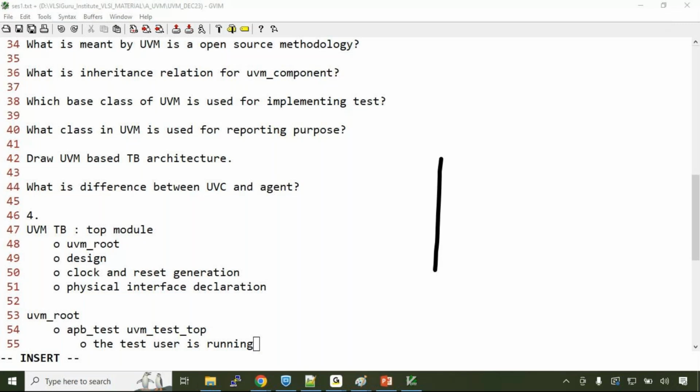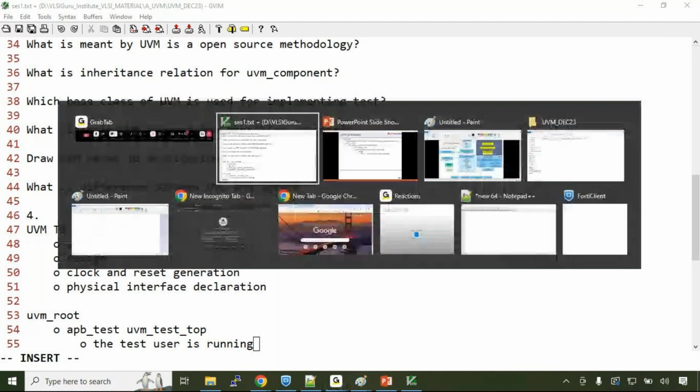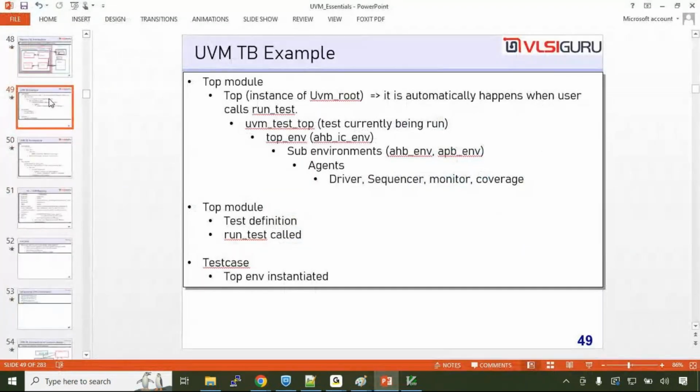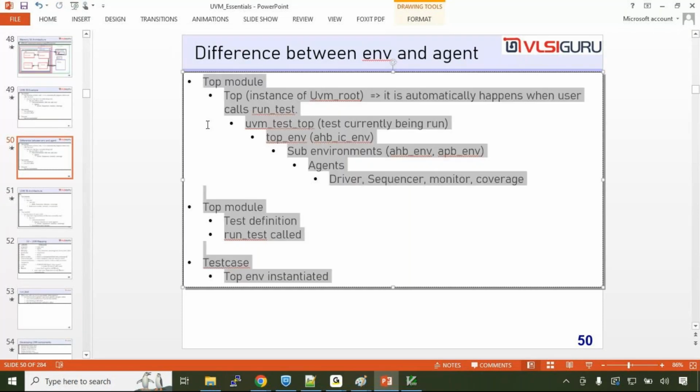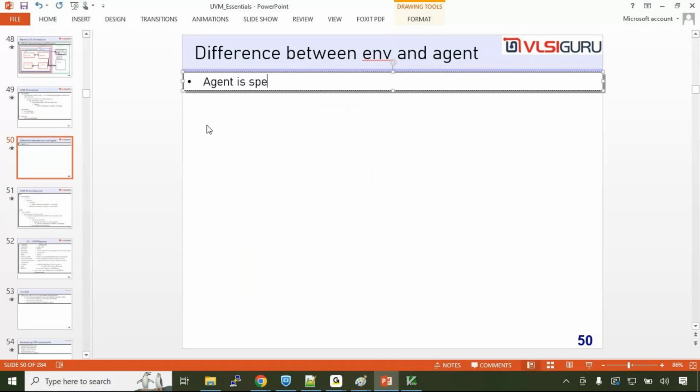It's like this, in simple terms. Agent is specific to one physical interface.